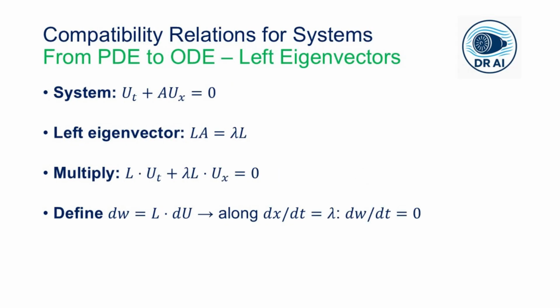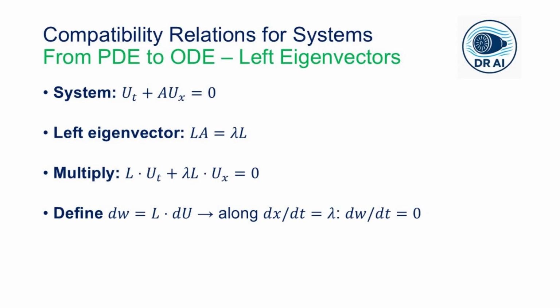Now let us derive the compatibility relations carefully, important for compressible flow. Suppose we have a Cauchy linear first order system, where A depends upon u. Find a left eigenvector L of A, such that L times A equals lambda times L, where lambda is an eigenvalue. Multiply the system by L and define a characteristic variable w such that dw equals L times du.